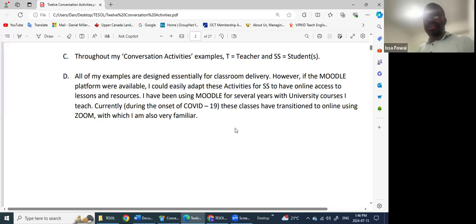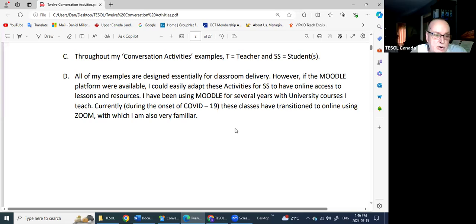Have either of you used the Moodle platform? No, not me. Okay, the Moodle platform is widely used in a lot of educational institutions, especially at the university level. I've been using Moodle for several years with university courses I teach. Currently, during the onset of COVID-19, these classes have transitioned to online using Zoom, with which I am also very familiar.